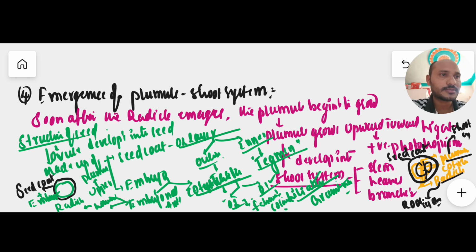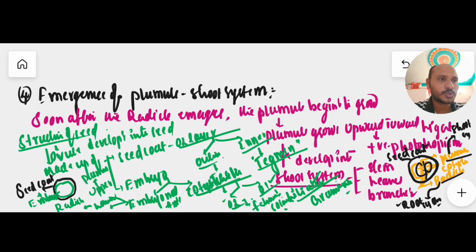In seed germination, the radicle emerges first and later develops into the root system. Soon after, the plumule starts to emerge and later develops into the shoot system. So this is what plumule and radicle mean.